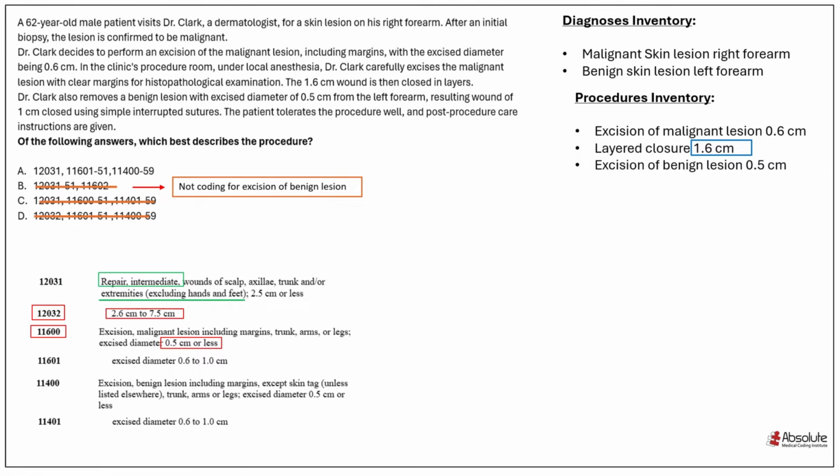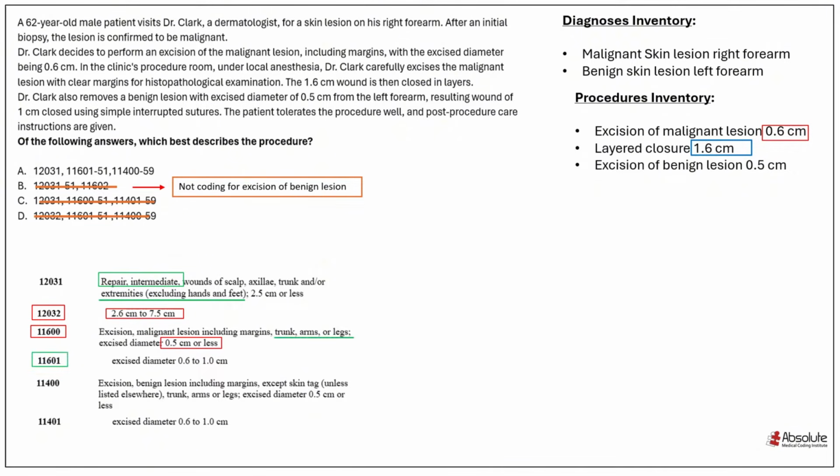The correct answer then would be option A, that is coding for 12031, which is for repair of intermediate extremities 2.5 centimeter or less, and 11601, that is for excision of malignant lesion of trunk, arms or legs, excised diameter 0.6 centimeter to 1 centimeter.